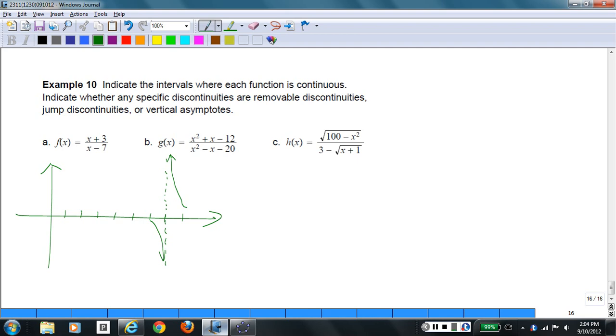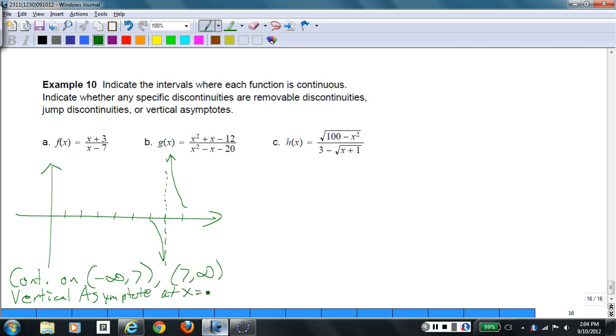So there's a vertical asymptote at 7, but it's continuous everywhere else. So it's continuous on negative infinity to 7, and 7 to infinity, with a vertical asymptote at x equals 7. Okay.